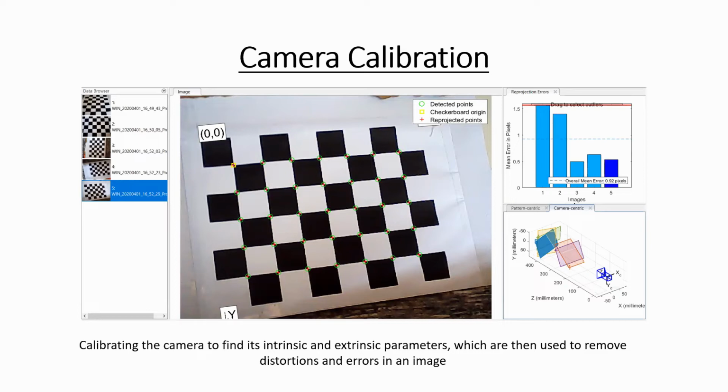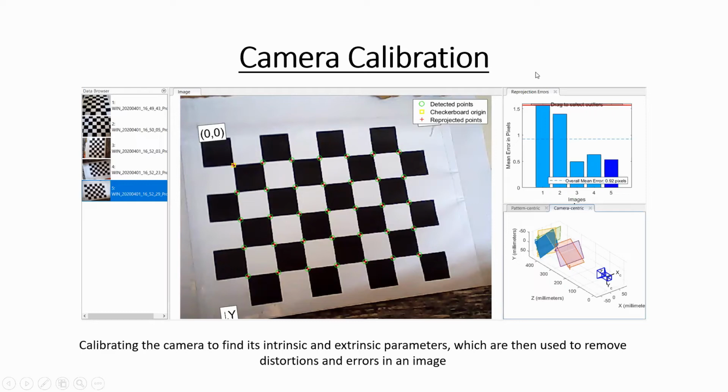We click at least 50 photos and calibrate it to match out its intrinsic and extrinsic parameters. Thus, this removes all the distortions and gives a clear output. This is necessary to generate images on which we can do some processing.